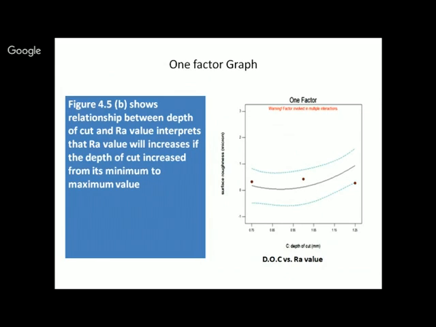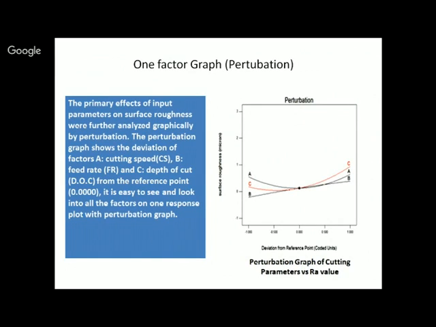Then this is another graph, the perturbation graph. This is nothing but the combination of three factors in one graph. You can see A, B, and C. A shows your cutting speed, B is the curve for feed rate, and C is for depth of cut.